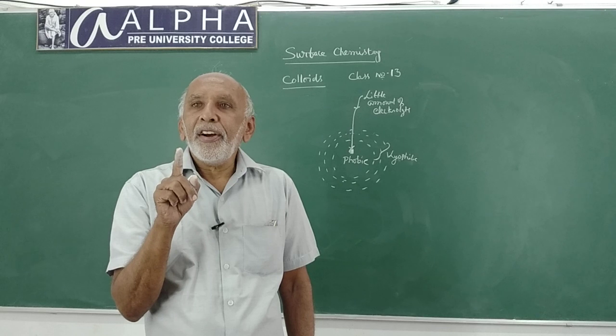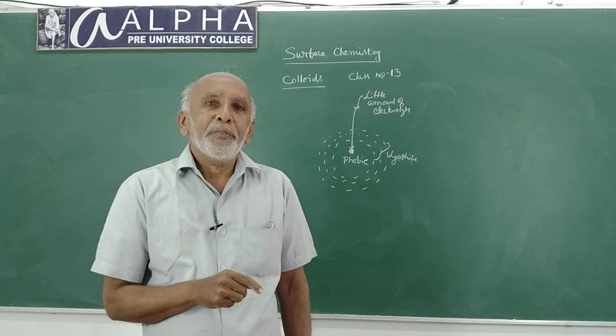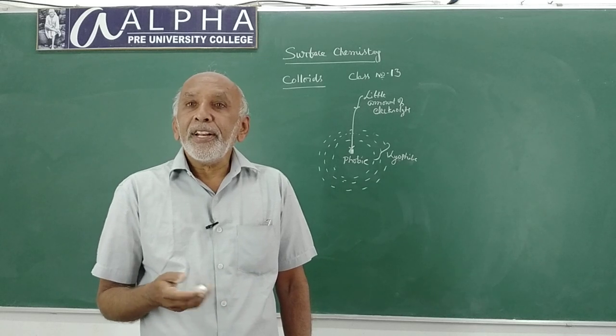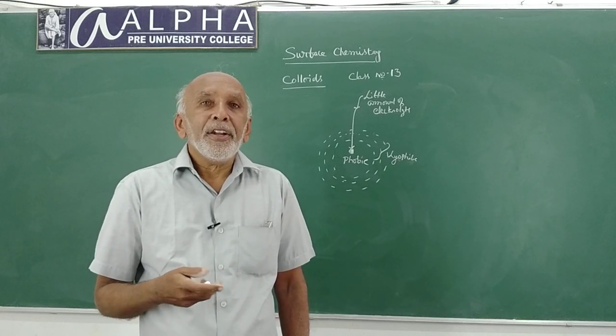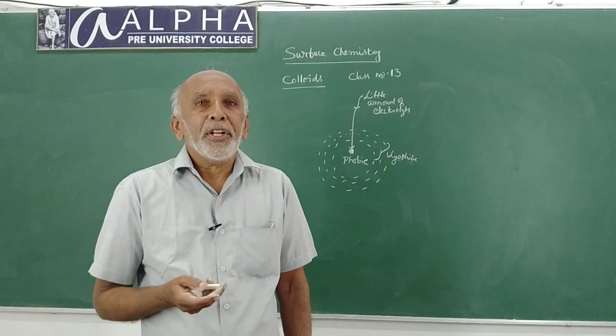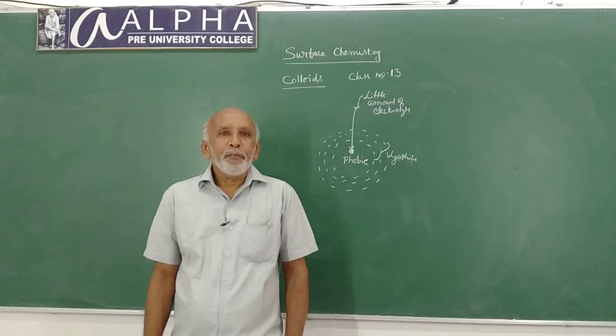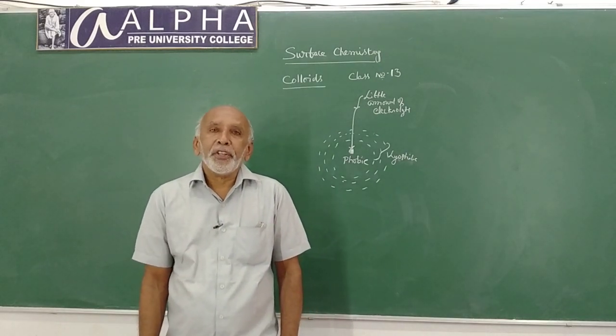The lyophilic salt acts as a protective colloid. Lyophilic salt generally acts as a protective colloid to protect lyophobic salts from coagulation due to the addition of electrolyte. Okay, this is known as protection.